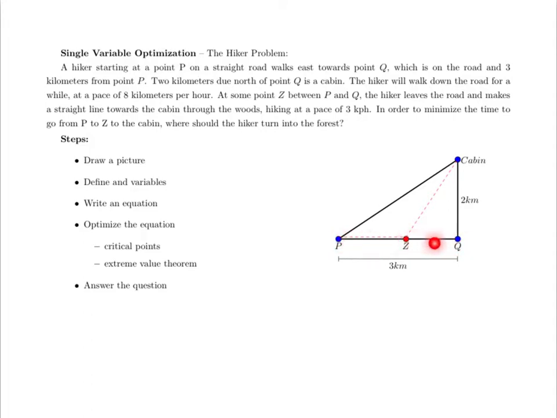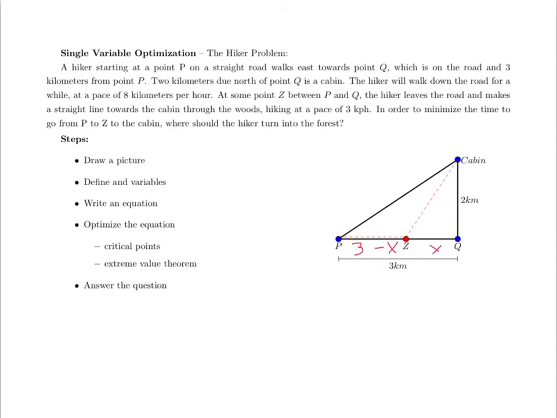I drew it just randomly at a point in between. So what we really need to know is where to put Z. And so that actually tells us what our first variable is. Right? We've got this divided into two nice sections, not necessarily equal. I'm going to call one of those sections x, and the other section will be 3 minus x.